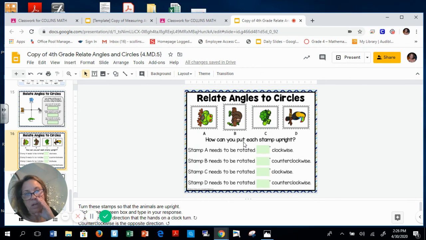I'm going to give you a hint. It's either going to be 90, 180, 270, or 360, because there are only 4 different ways the stamps can rotate. And the last one, I can't get to it, so you're on your own.